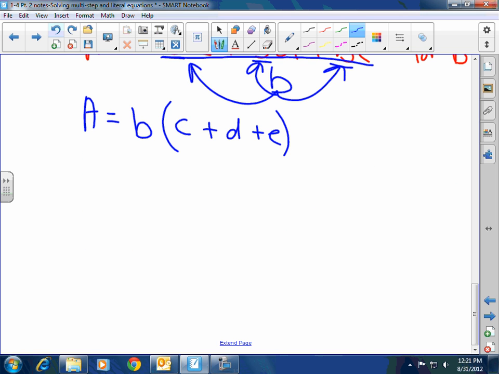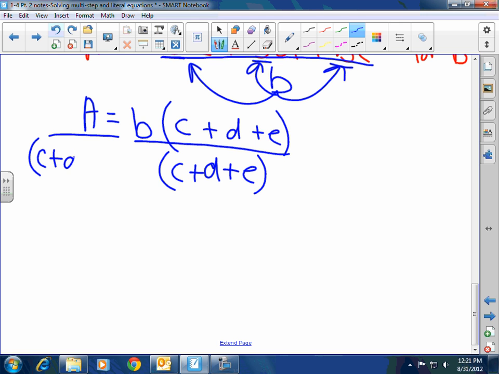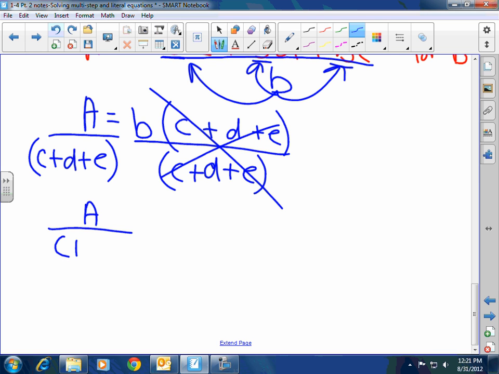The b is being multiplied to c plus d plus e. So divide by c plus d plus e to both sides. Those cancel. A over c plus d plus e equals b.